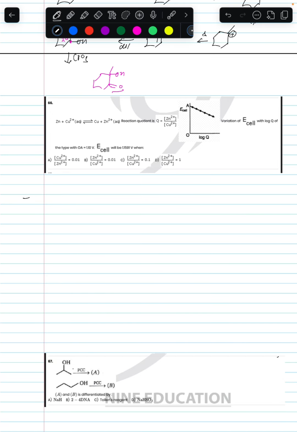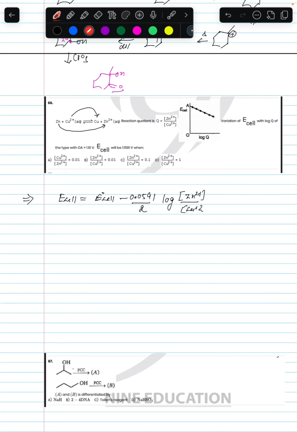Question number 66. As we know, if you apply the Nernst equation, E cell equals E naught cell minus 0.0591 upon n, times log Q. How many electrons are exchanged? Zinc is getting oxidized with loss of 2 electrons, and copper 2 plus is getting reduced with gain of 2 electrons, so the net exchange is 2. Q is the concentration of product divided by concentration of reactant.